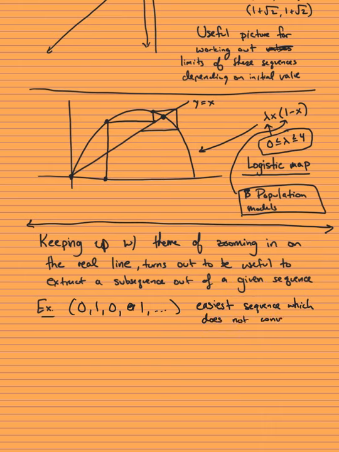Because it's easy to check that the only limit options are 0 and 1, and since it's fluctuating, you'll never get arbitrarily close to 1 for all n, or arbitrarily close to 0 for all n.